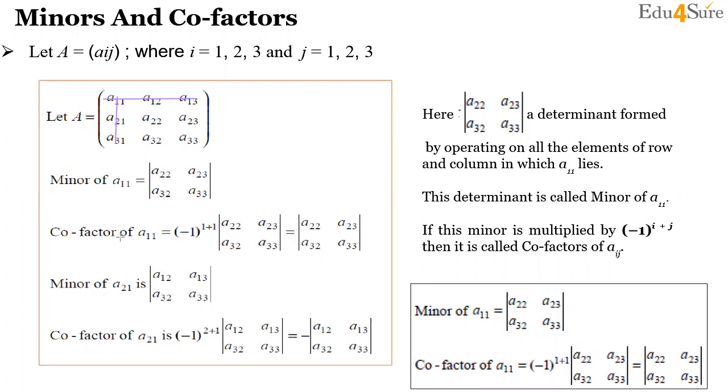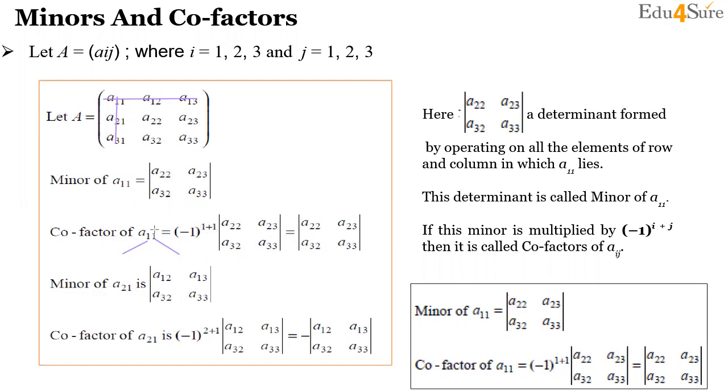And what will be the cofactor? As you can see, the cofactor of A11 will be minus 1 to the power 1 plus 1, because for A11, I is 1 and J is also 1. So when you do minus 1 to the power 1 plus 1, it gives you minus 1 squared, which is 1 only.